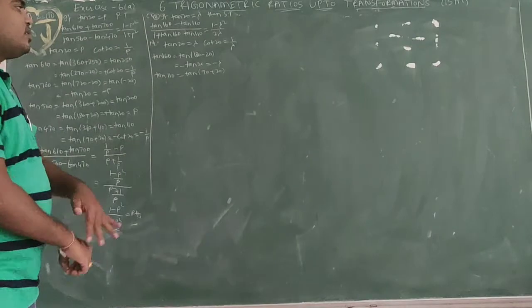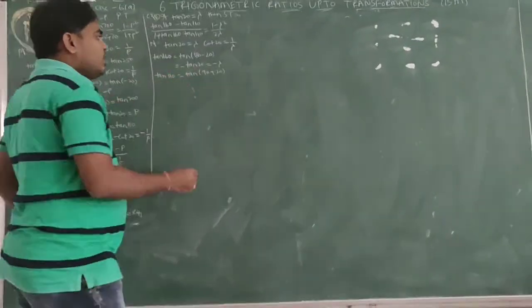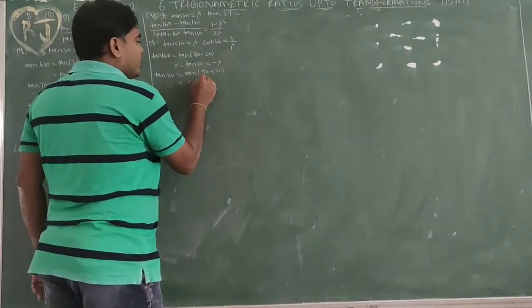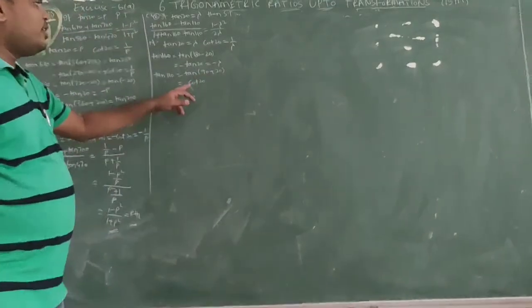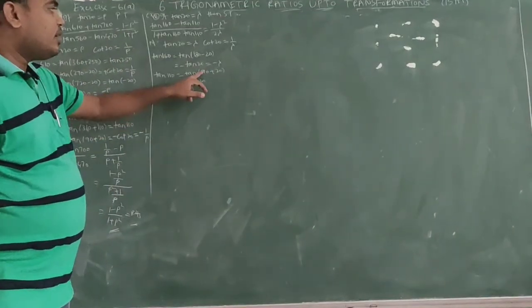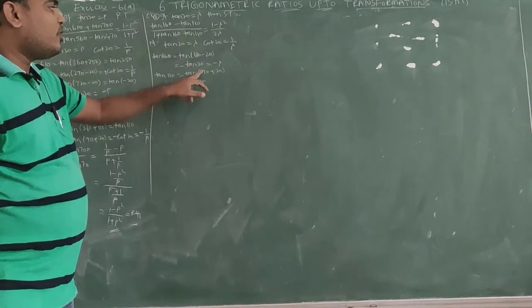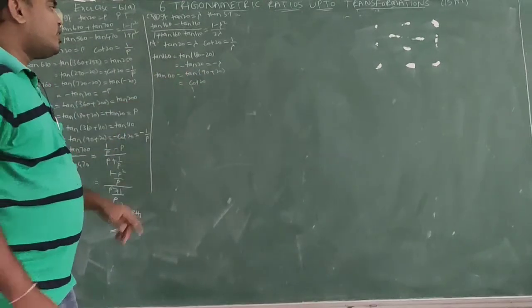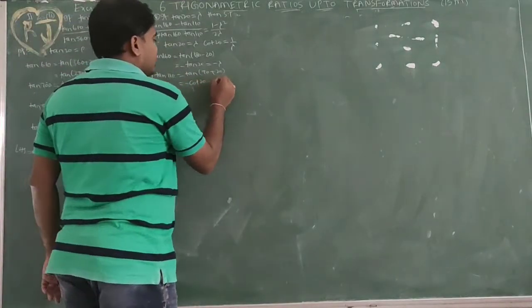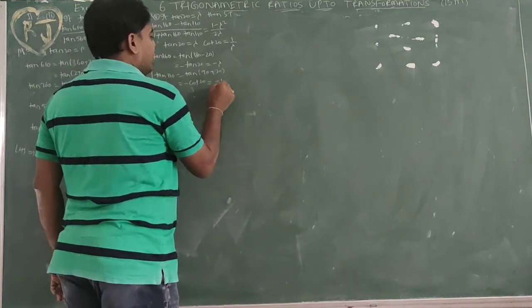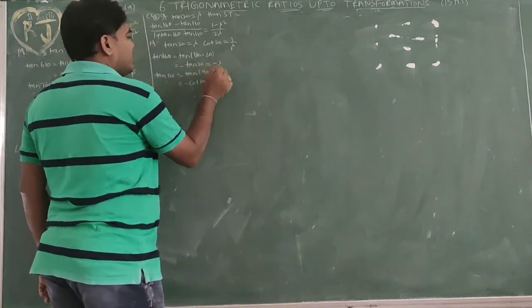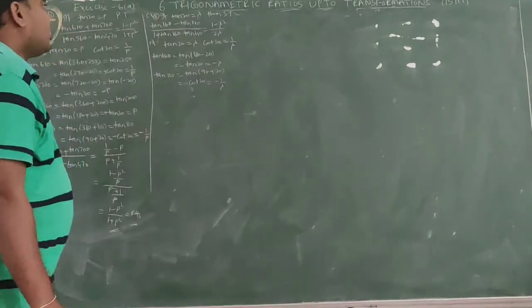Since it is 90, tan will become cot 20. In the second quadrant tan is negative, so minus cot 20, which is minus 1 by lambda. So tan 160 is minus lambda, and tan 110 is minus 1 by lambda.